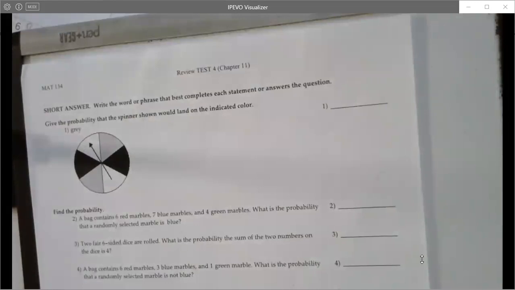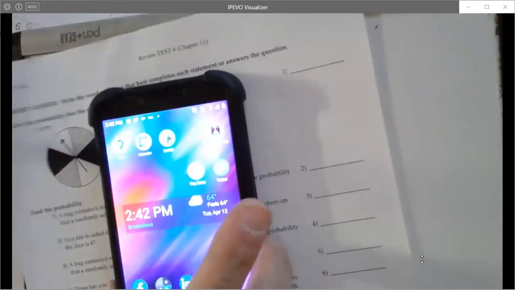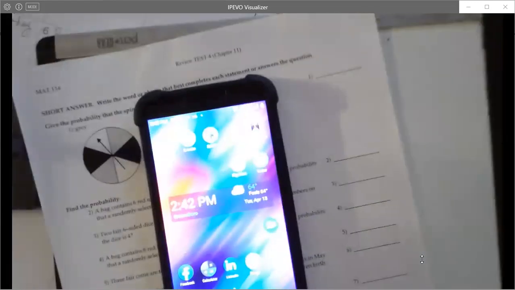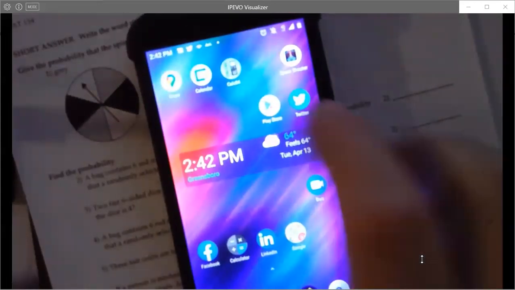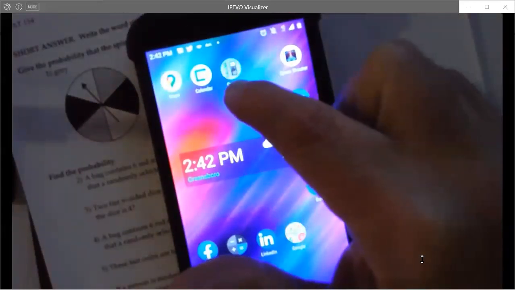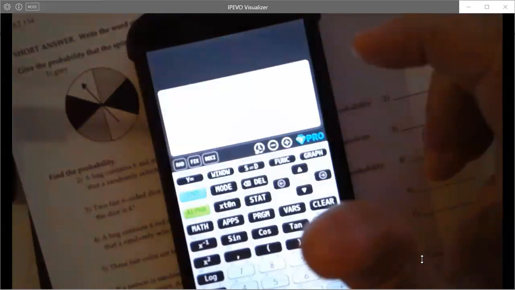On my phone, I've got it right here. So you click that, and there it is.